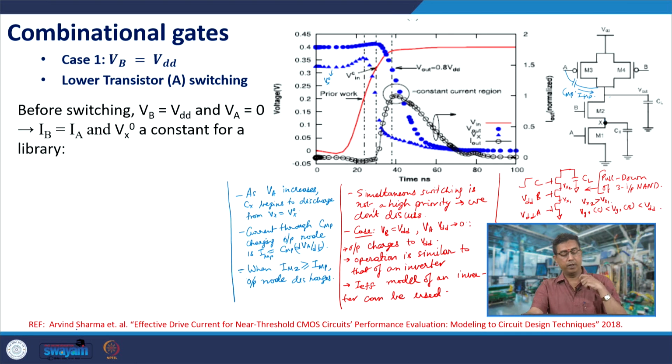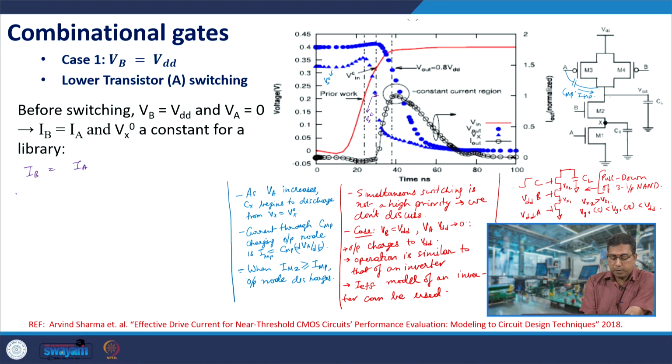Now, let us derive a value for Vx naught. Then we will derive a value for Vxc, which is the value of Vx here. So, first we derive the value of Vx naught. Here IB is equal to IA.